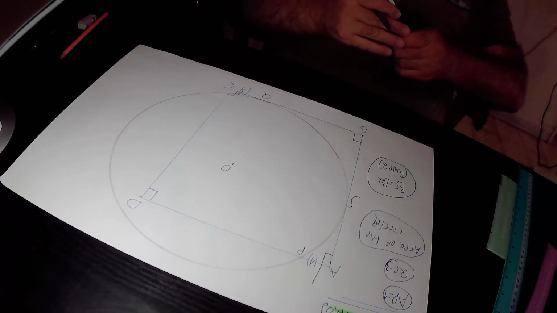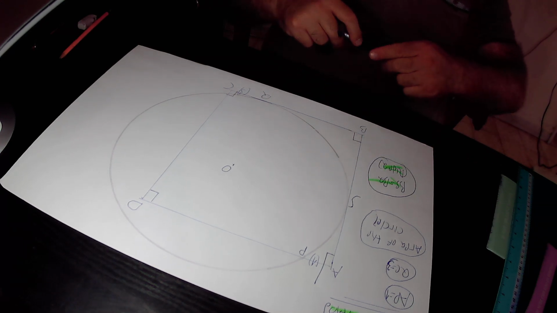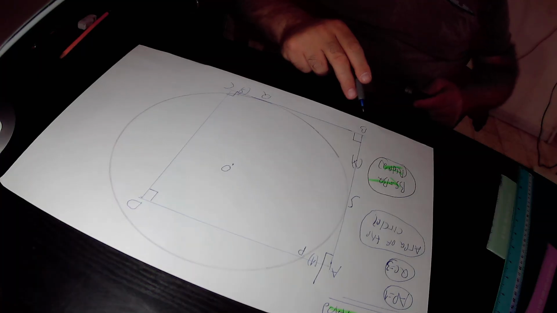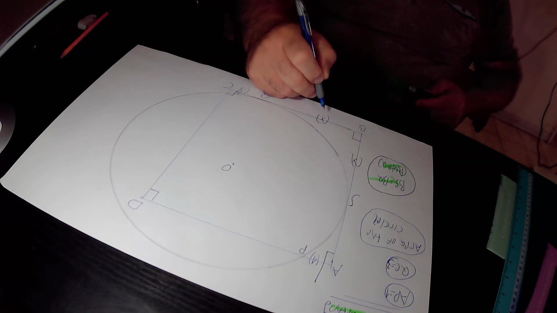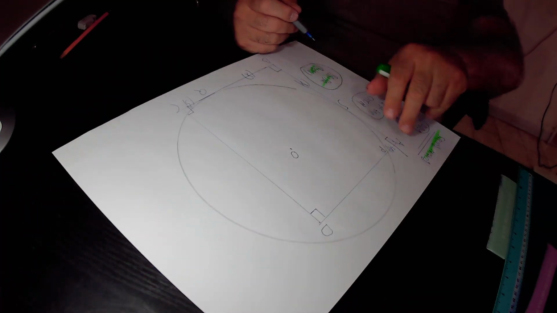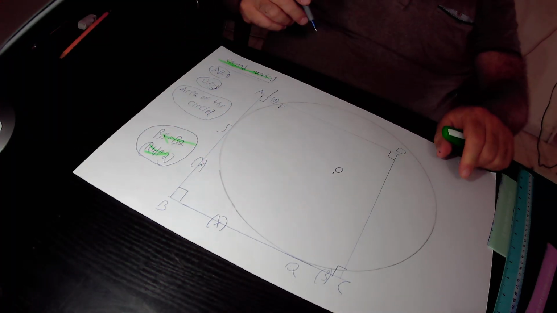So actually, if we define the length of this tangent BS as x, then the length of this tangent BQ must also be equal to x because they are equal to each other according to rule 2. We know that in square ABCD, side AB equals side BC.